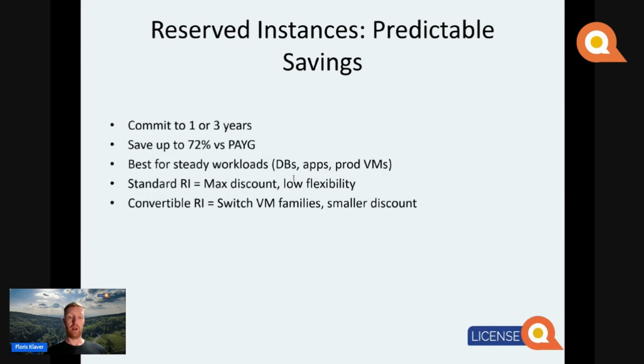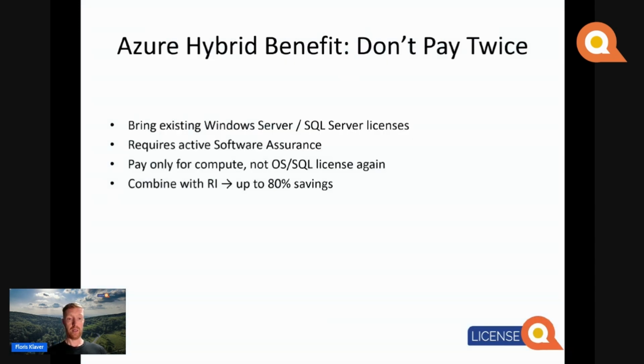And if you combine RIs with other benefits that we're going to talk about next, like Hybrid Benefit, the savings get even better, which obviously you would want. 72%, for instance, I think is based on the number with additional savings through Azure Hybrid Benefit. So let's dive into that now.